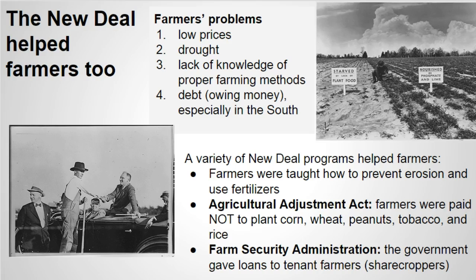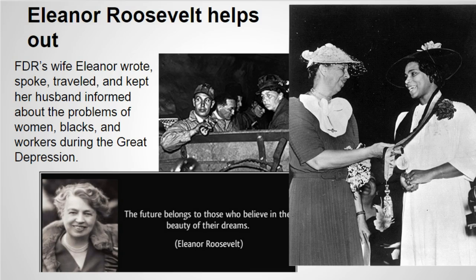And finally, the Farm Security Administration was put in place to lend money to farmers who didn't have enough for machines, tools, and seeds. This helped poor farmers throughout the Great Plains states as well as in the South, where there were many sharecroppers. Behind the scenes was FDR's wife, Eleanor Roosevelt.